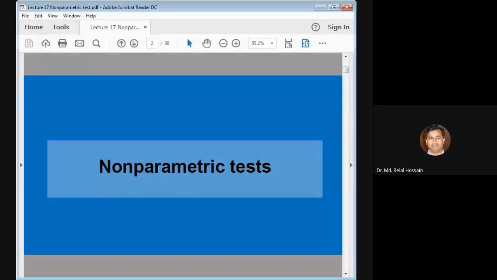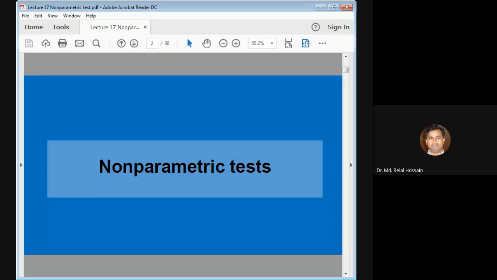Our next topic is nonparametric test. Nonparametric test is actually different from parametric test in a way that we had some assumptions in Z distributions, in T distributions, chi-square distributions, and F distributions.